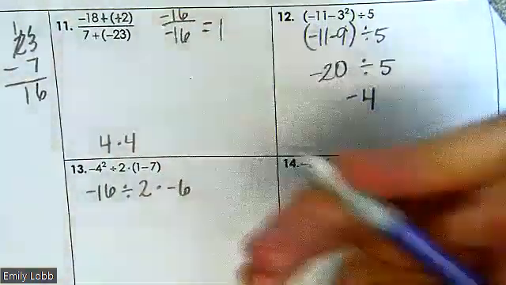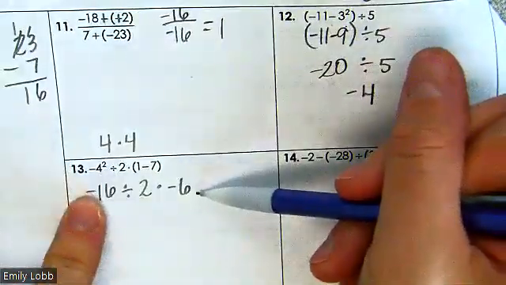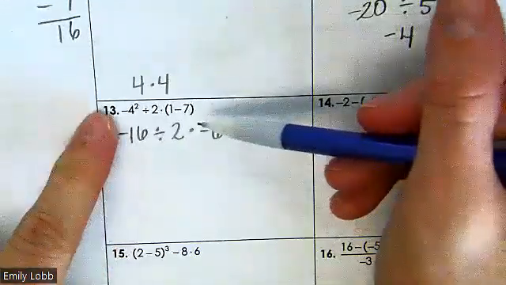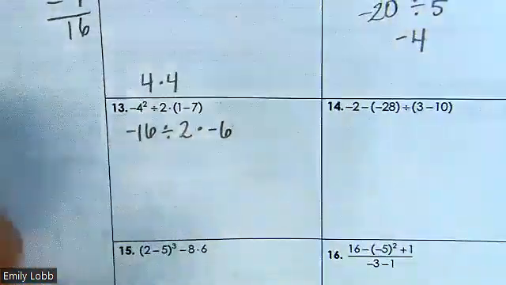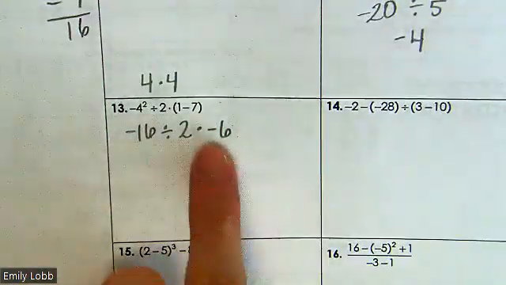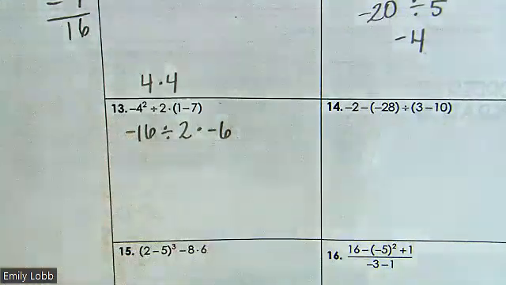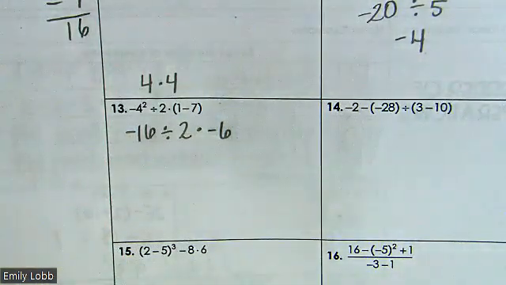Negative 6. So even though I did my exponent first, you see that we kind of could do these at the same time because they weren't really connected to each other yet. So I could have done negative 6 and then wrote this all out and then wrote that. Does that make sense? No? Okay.